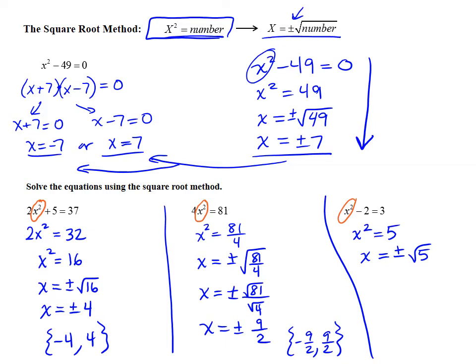The square root of 5 is an irrational number, and you would at best get decimal values for it. And you could write those decimal values out if you want to approximate with your calculator. For now, I'm just going to go ahead and write those as the exact value with the square root. Negative square root 5 and positive square root 5 would be in my solution set. Again, very checkable by putting those back into the equation.